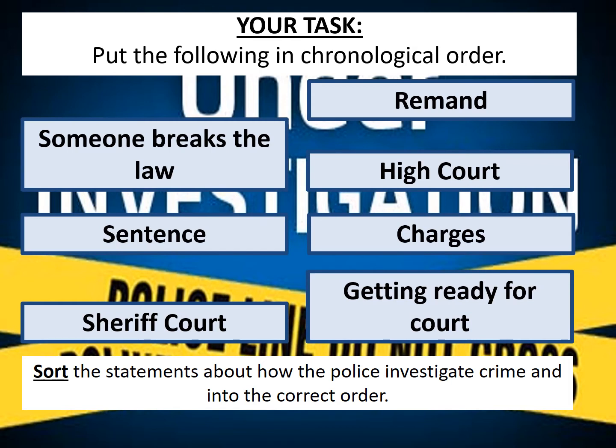So you have the following points here: someone breaks the law, sentence, sheriff court, remand, high court, charges and getting ready for court. So try and put these words in the correct order of how the police actually investigate a crime.